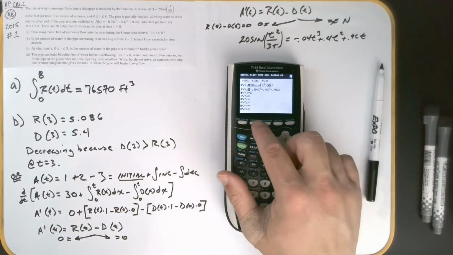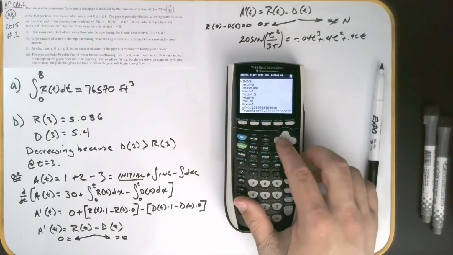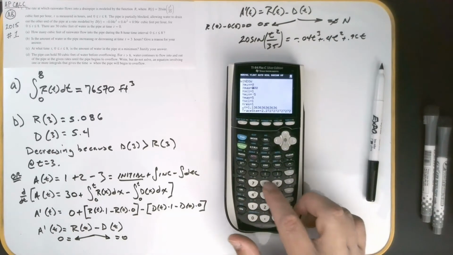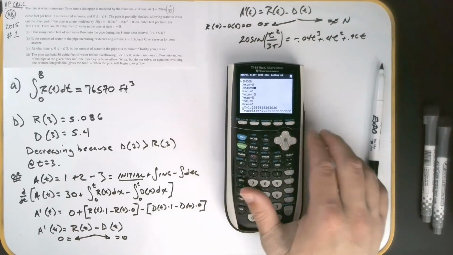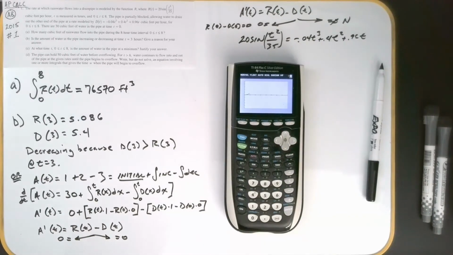Okay, and before I graph it in my window, I'm already going to tweak it and make that just from 0 to 8. And let's see what we get. So there's the sinusoidal, and it's like we're out of our window here. I might have to do a little window adjustment here. And here is our other function, and it looks like they intersect somewhere off the screen.